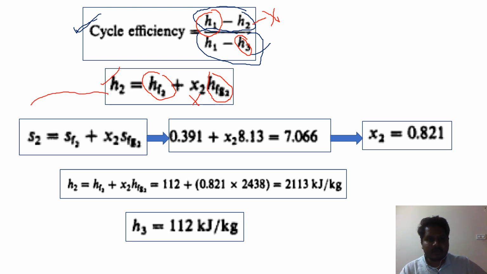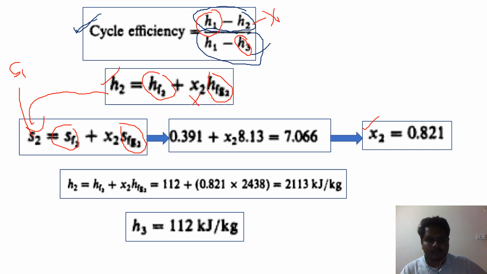So the same equation can be written in terms of entropy. S2 equals SF2 plus X2 into SFG2. Here S2 equals S1. SF2 and SFG2 values can be calculated by interpolation. So once you substitute all the values, we can find the X2 value.